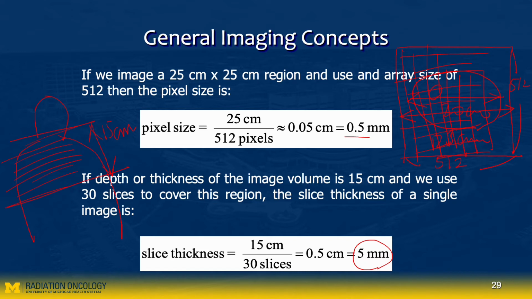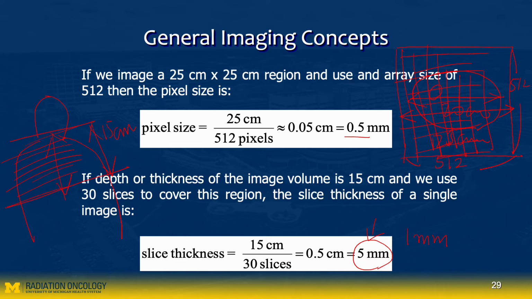In practice, you tell the CT scanner, I want 5 millimeter slice thickness, I want 1 millimeter slice thickness, and so forth. Then the CT machine will generate, depending on your slice thickness assignment, multiple slices.